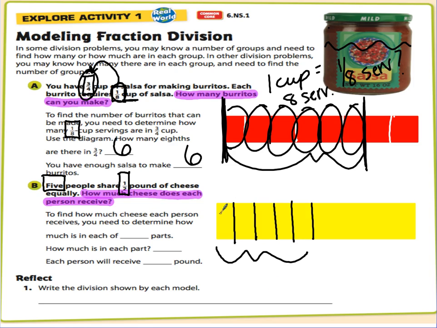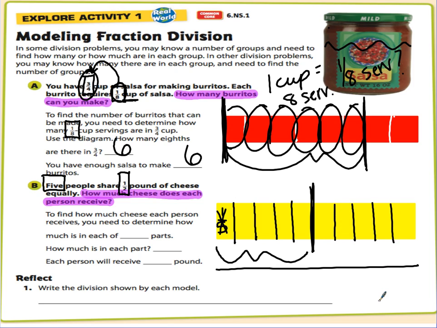Now we have to remember that this isn't 1/5. That is not correct because we have to look at what it would do to the whole thing of cheese. So what I did to this 1/2, I also have to do to the other 1/2. So I have to also split it into 5, 2, 3, 4, 5. And now I see that there are 10 pieces. So each of these isn't worth 1/5. It's actually worth 1/10.